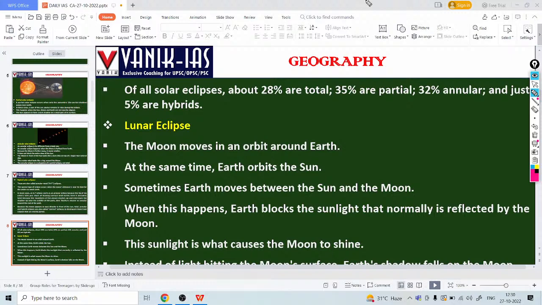The light of the sun makes the moon shine, and when earth comes in between, this is blocked.